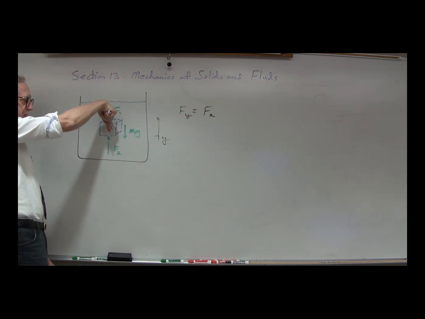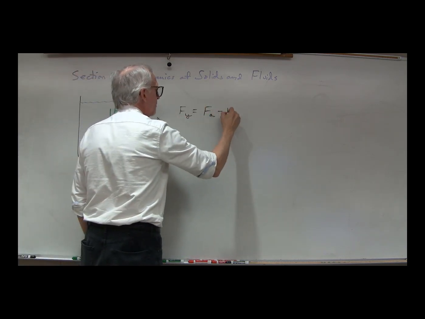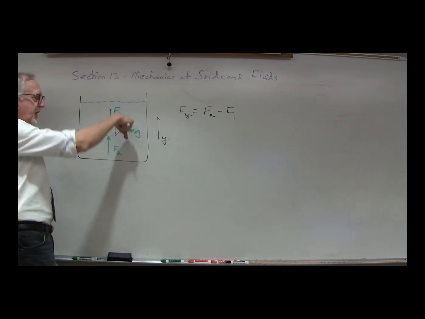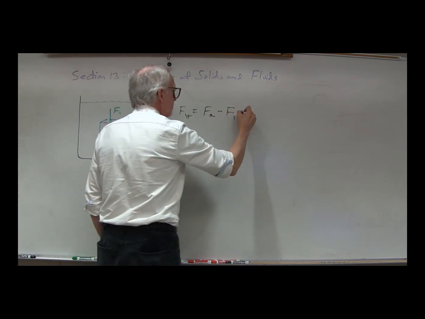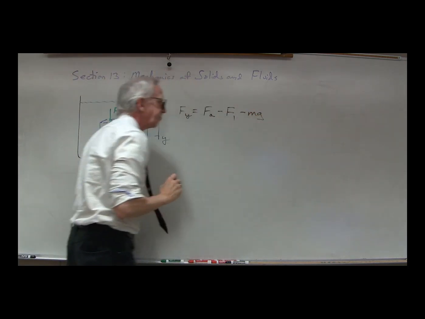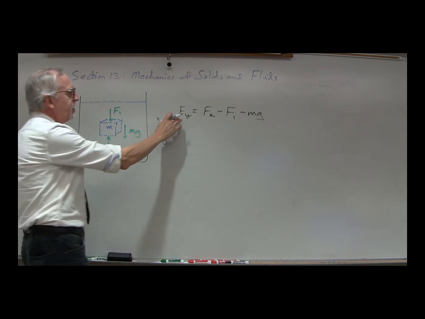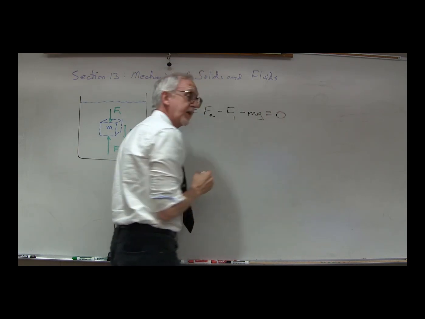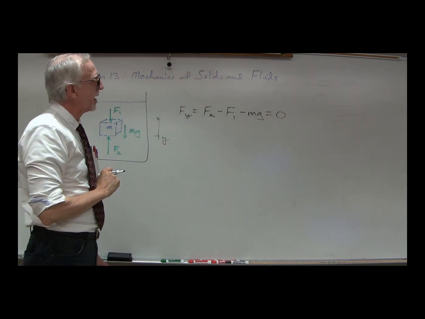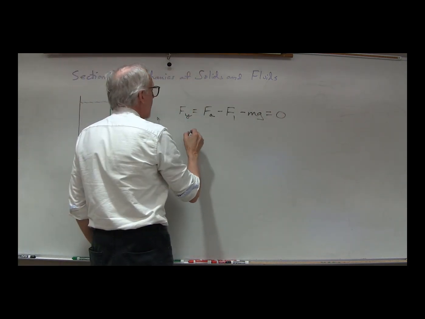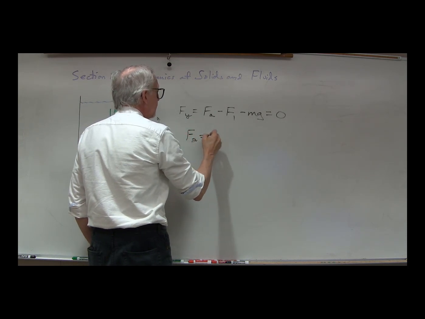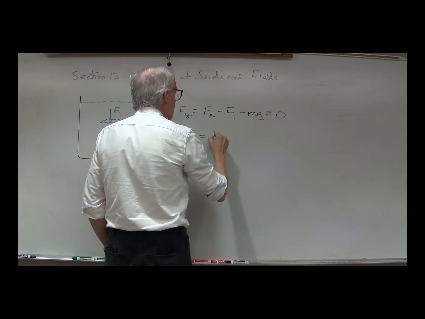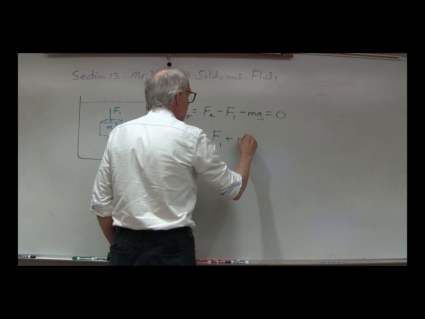In the negative direction, we have F1, and we have mg in the negative direction, so minus mg. We know this all must be 0 if it's not accelerating, so F2 must be equal to F1 plus mg.